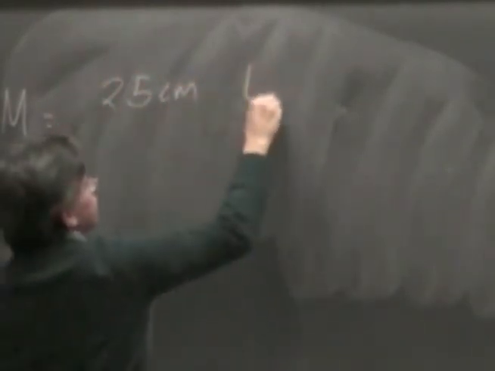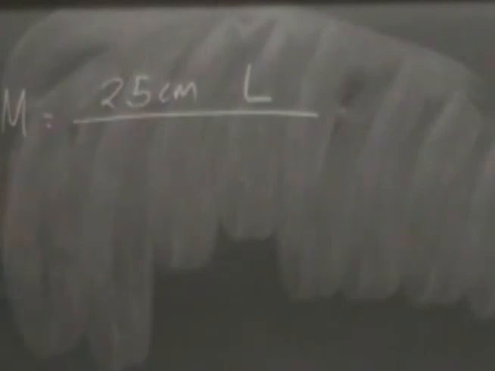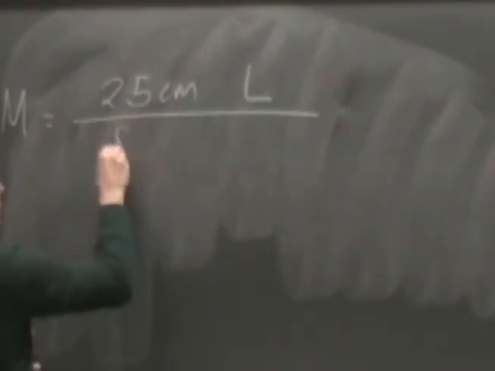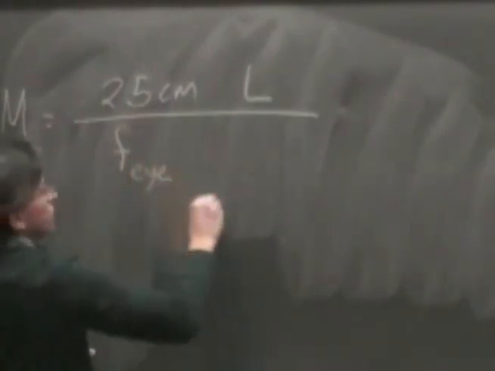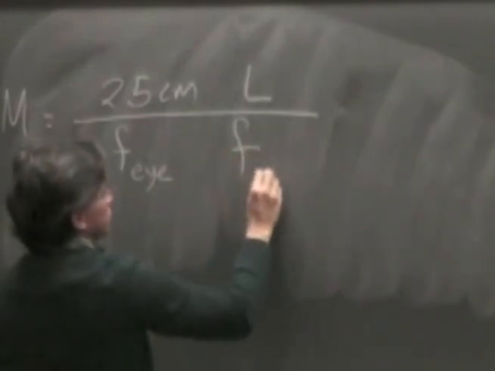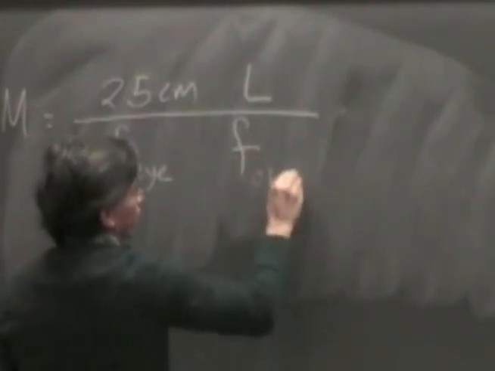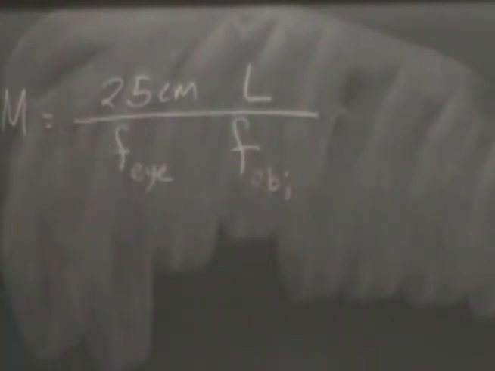The 25 centimeters comes on top. The L is on top, and I'm going to put here the f of the eyepiece and the f of the objective. Right, that's what you get.